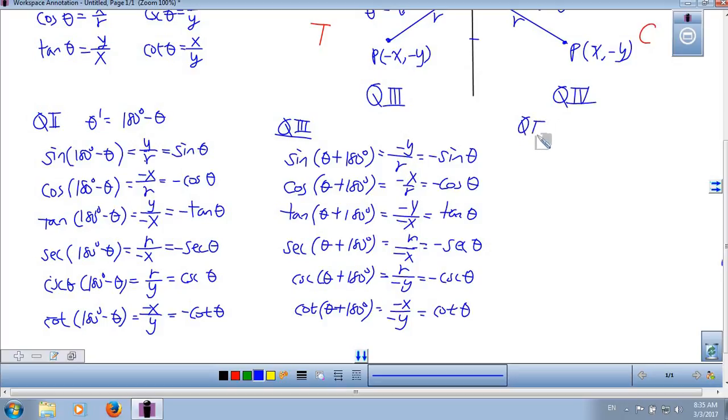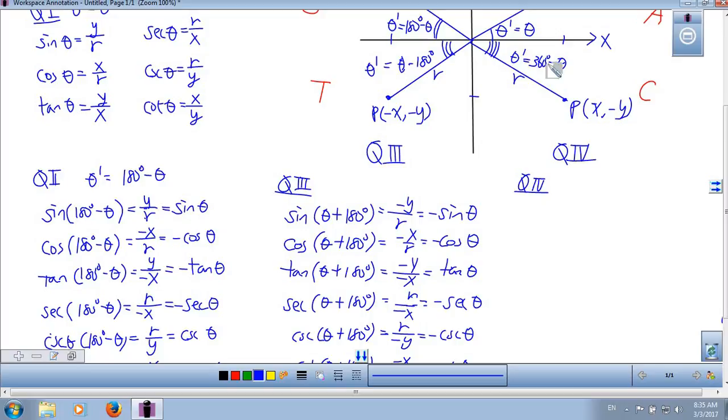Lastly, in quadrant 4. In quadrant 4, the reference angle is equal to 360 degrees minus theta. This is the correct angle here, so theta prime is equal to 360 degrees minus theta. In quadrant 4, y is negative but x becomes positive, so sine of 360 degrees minus theta is negative sine theta.